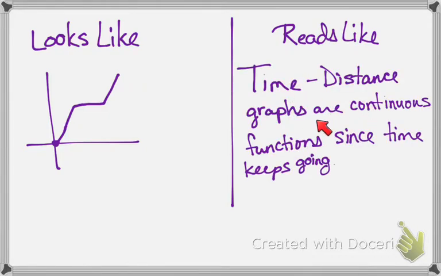One example of reading about it, time distance graphs are continuous functions since time keeps going and time is continuous. You can look at 5.02 seconds and so many other ways. We could just stop at this graph and see how far have you traveled, or are you taking a rest currently, and so on.